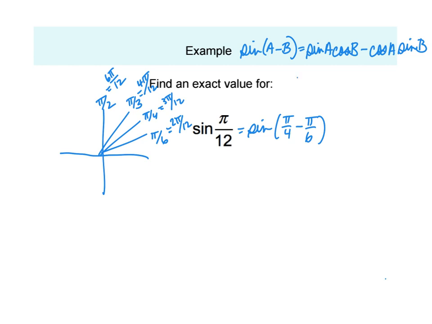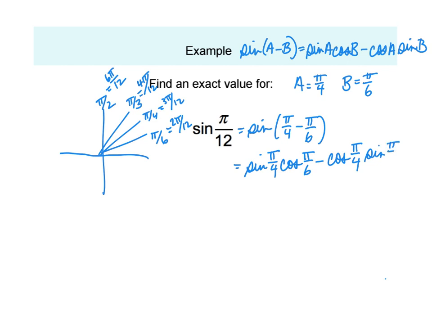And now A is pi over 4 and B is pi over 6, so I am simply plugging in. This is sine of pi over 4 cosine of pi over 6 minus cosine of pi over 4 sine of pi over 6.